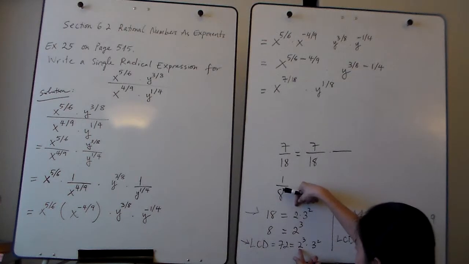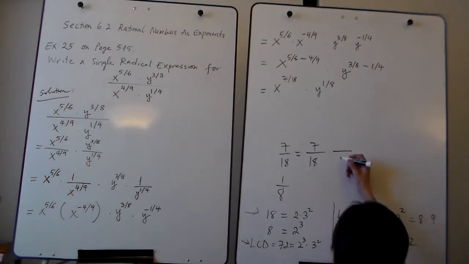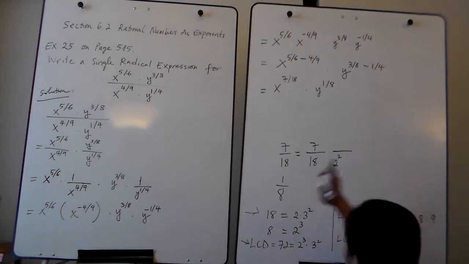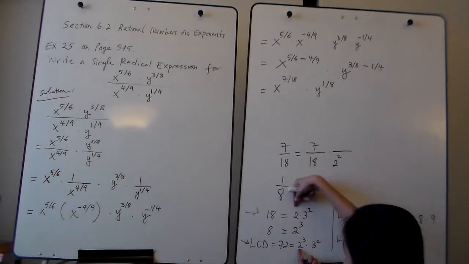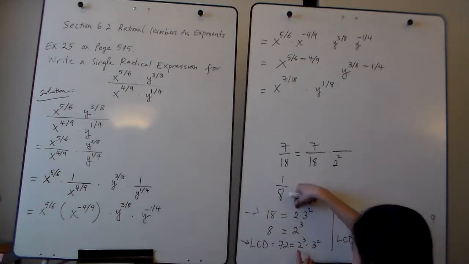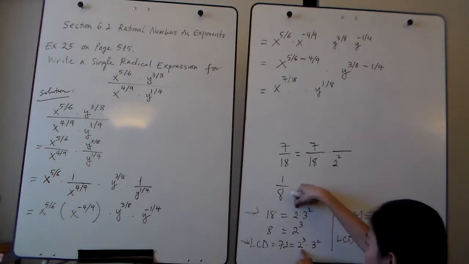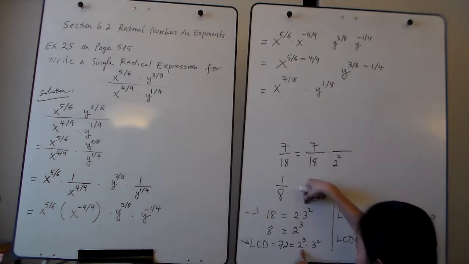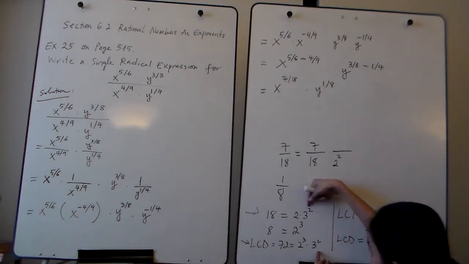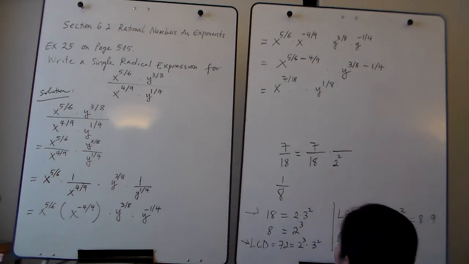So that means I need to multiply by 2 squared because I'm missing 2 of them. What I got is only 2, and the LCD is 2 to the third power. How about the 3 compared with the LCD here? 3 squared, 3 squared. They're the same, so you don't have to include it.